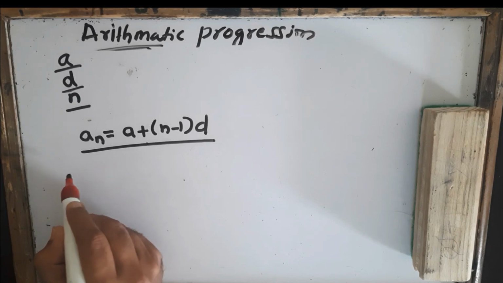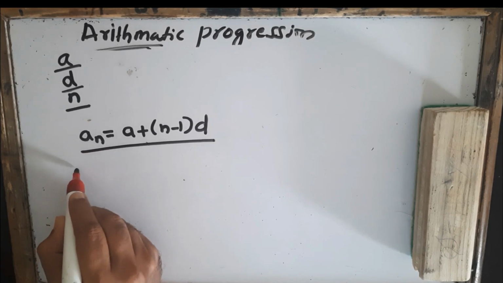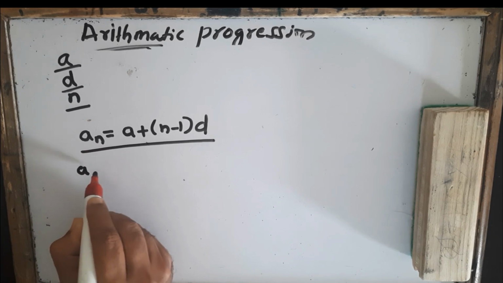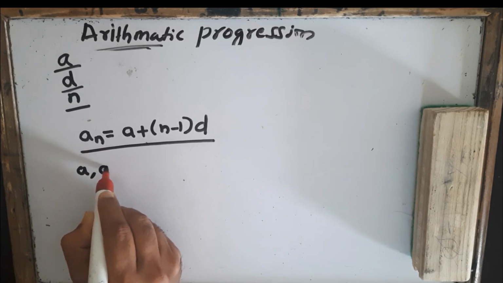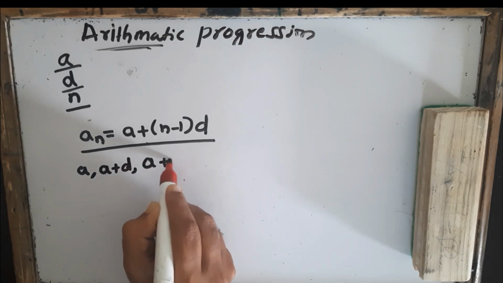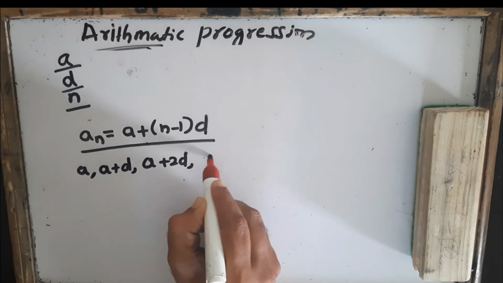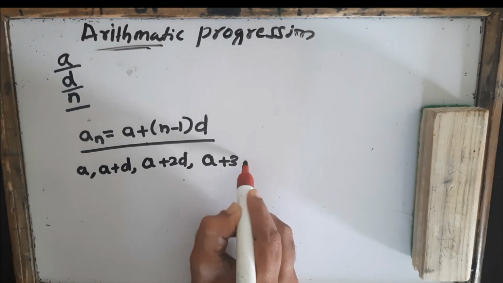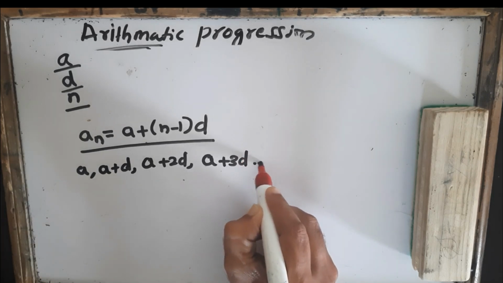So now: A, A plus D, A plus 2D, A plus 3D, like that.